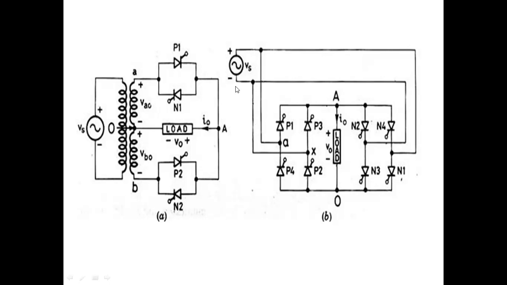Same negative terminal is connected in between N2 and N3. Here P2, P3, here N2, N3. Circuit diagram is clear. Observe the circuit diagram.